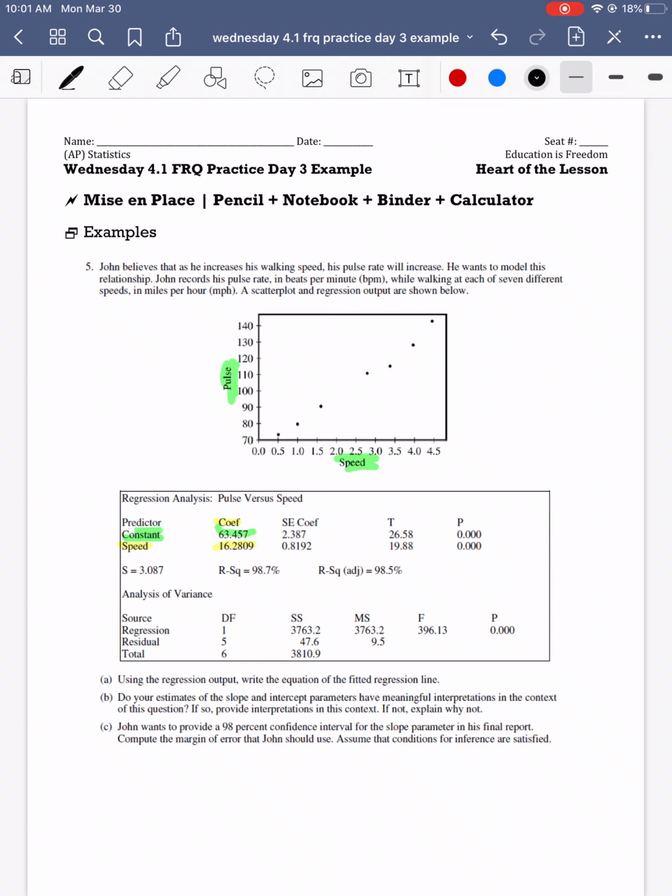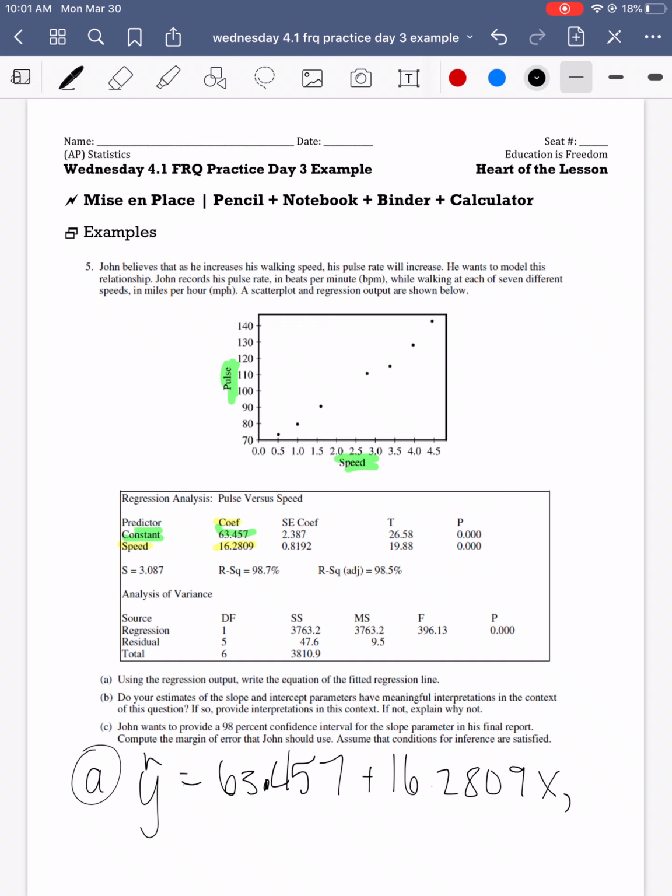So for part A, y hat is equal to 63.457 plus 16.2809 x.